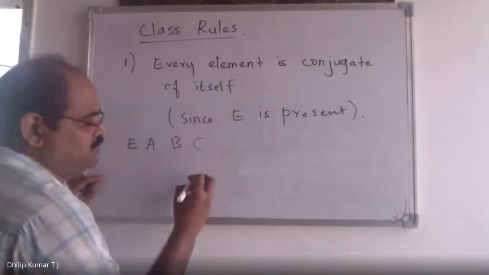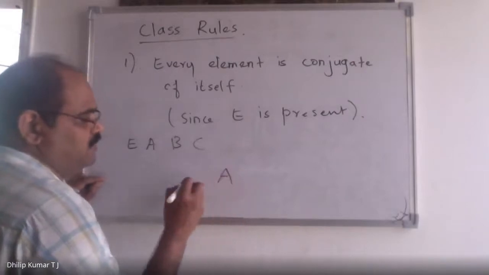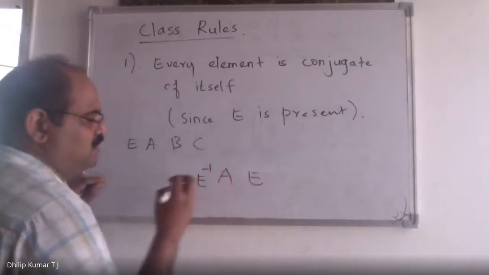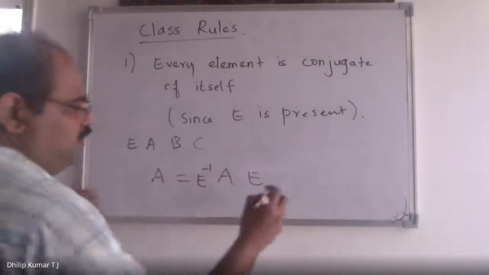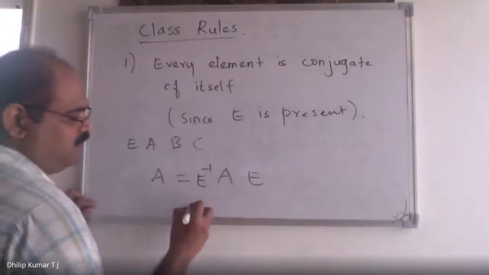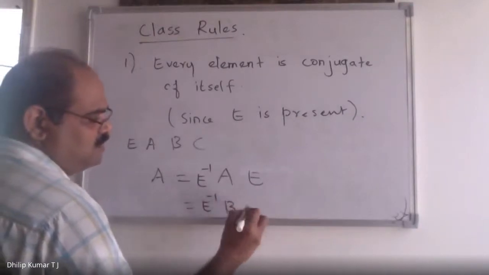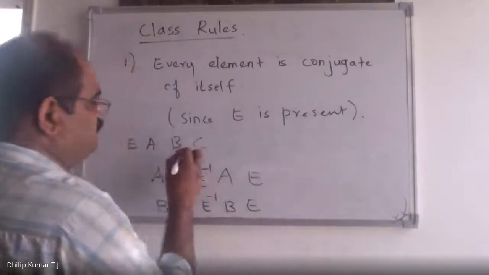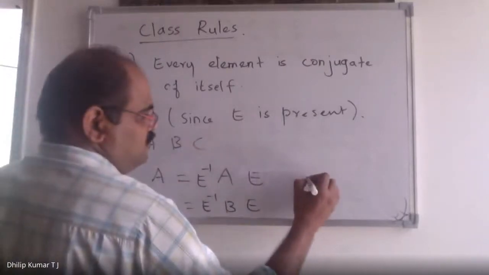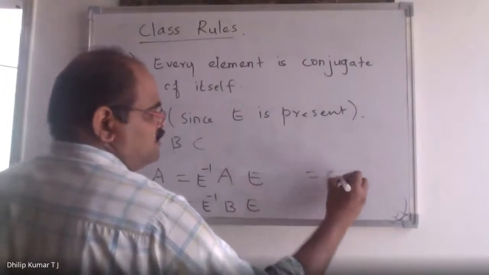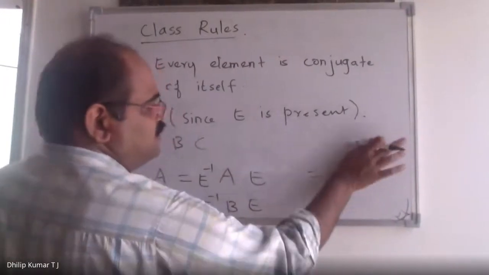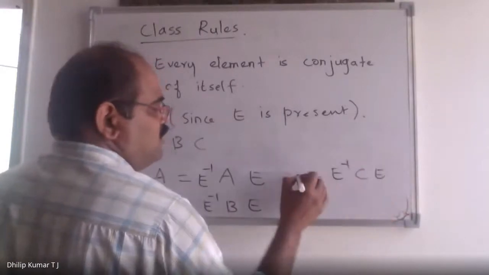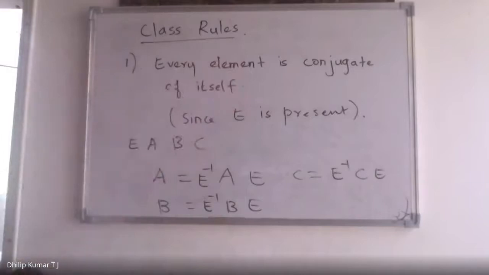To find out the class, you operate with E inverse A E, and E will always give A. Then again E inverse B E will give B. If you have the element C, E inverse C E will always give C. So every element is a conjugate of itself.